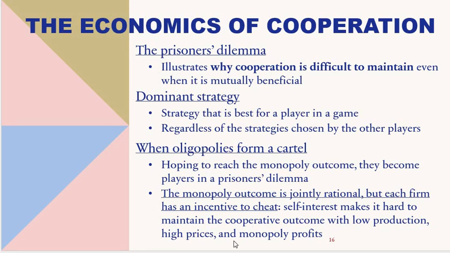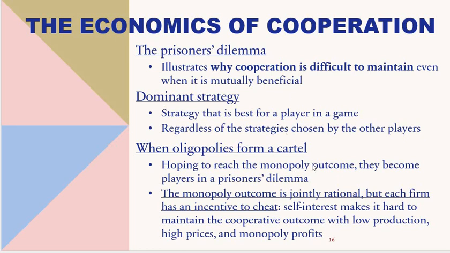Before we move on to the next page and learn about the prisoner's dilemma and a concept called a Nash equilibrium, I think it's important to go over a keyword called a dominant strategy.